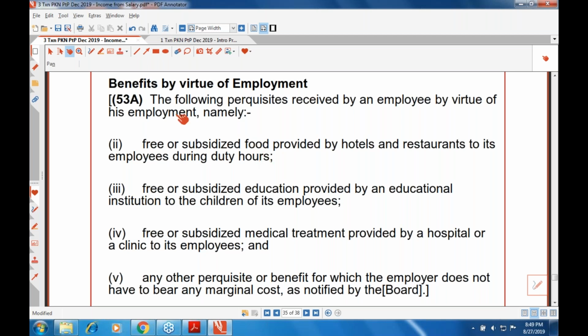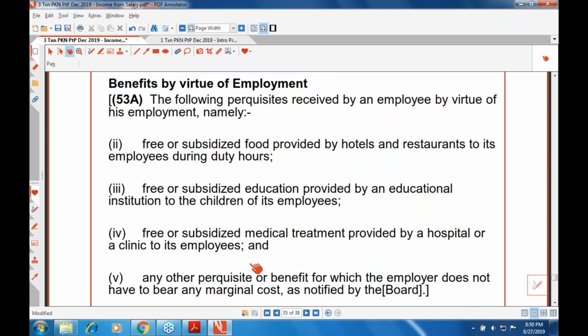The law specifically exempts the following benefits, so they are not included in your salary: free or subsidized food provided by hotels and restaurants to their employees during duty hours; free or subsidized education provided by an educational institution to the children of its employees; free or subsidized medical treatment provided by a hospital or clinic to employees; and other perquisites for which the employer does not have to bear any marginal cost, as notified by the Board.